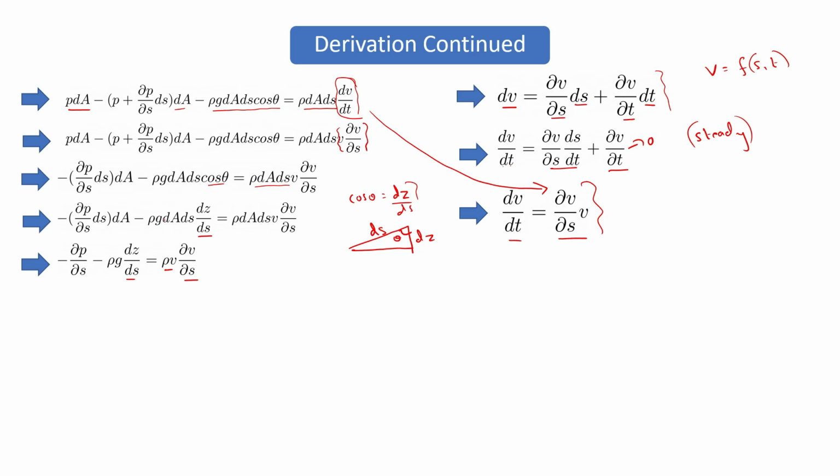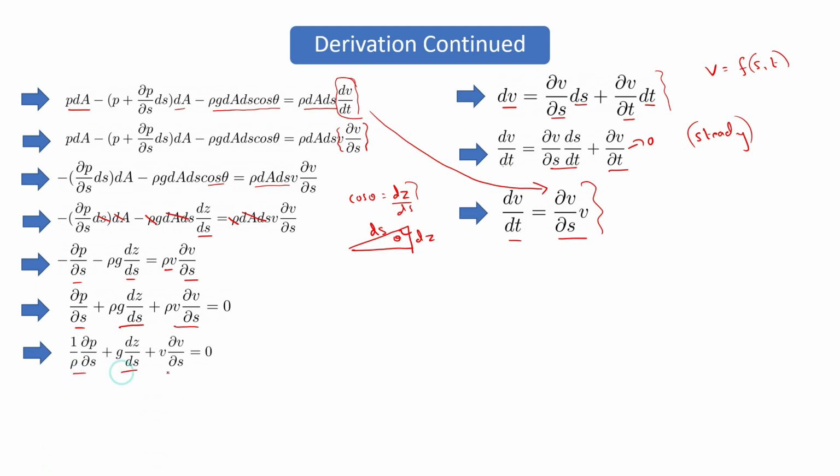That means you are cancelling ρ and dA ds. For simplification, you will get ∂P/∂S plus ρ g dz/ds plus ρ V ∂V/∂S is equal to 0. And when you divide it by ρ, you will get this equation.